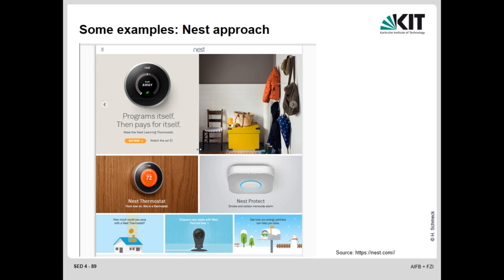And then there is the Nest technology. People got very aware of that technology because Google bought Nest. And what is Nest about? Nest is a device to control the temperature, to control devices which actually heat your house or cool down your house.